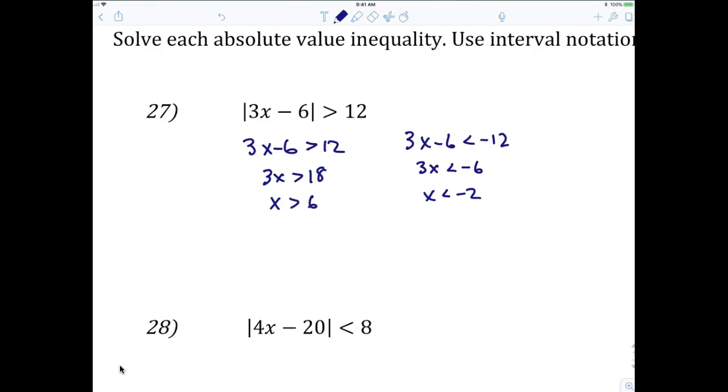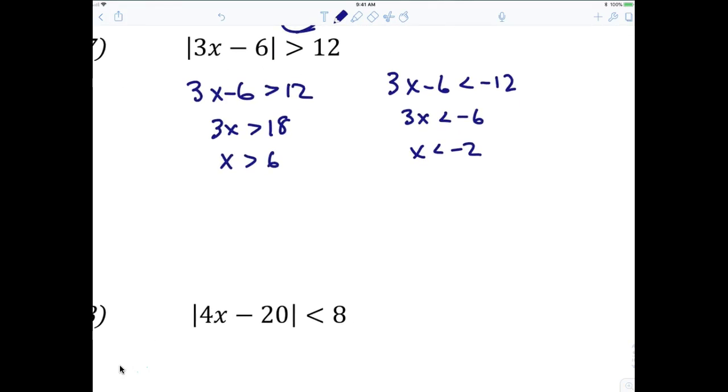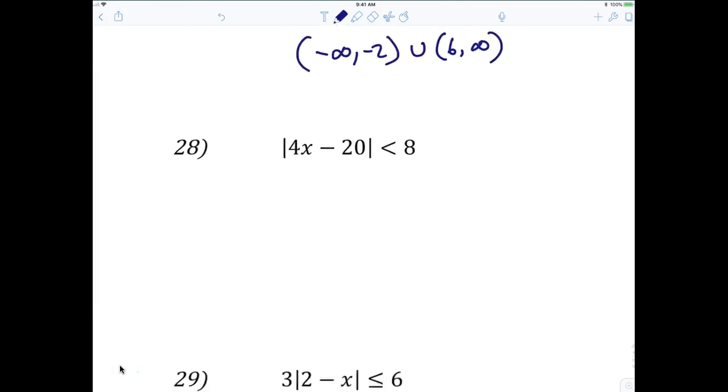So greater than is always your or statement. Less than is always your and statement. All right, but it's not necessary to memorize that if you understand the notation. Everybody happy with that?